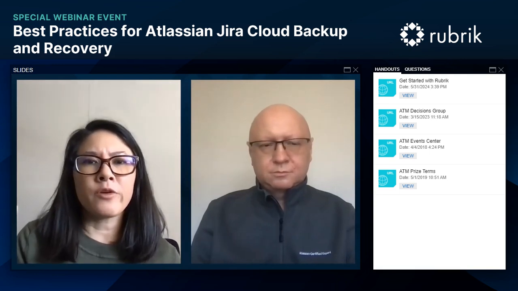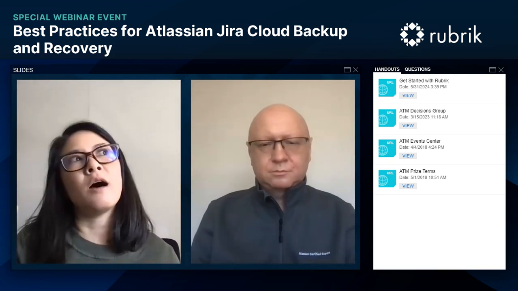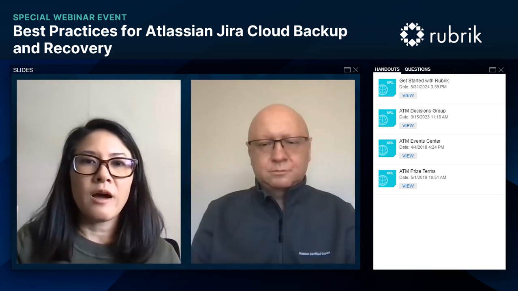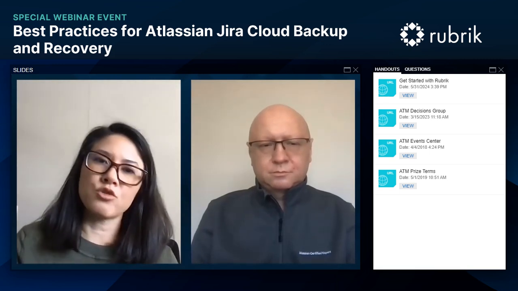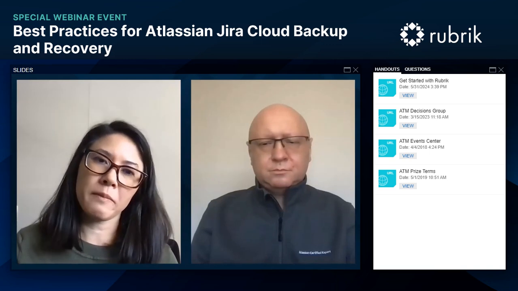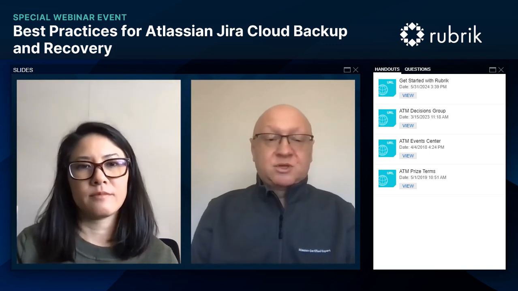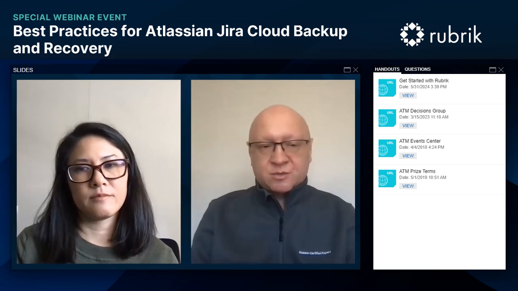So Artem, can you help us, or you can share, how does Rubrik use Jira Cloud, and what does Jira Cloud mean to Rubrik? Yeah, certainly. Well, Jira is a business-critical tool for Rubrik, just as it is a business-critical tool for many other Atlassian customers.